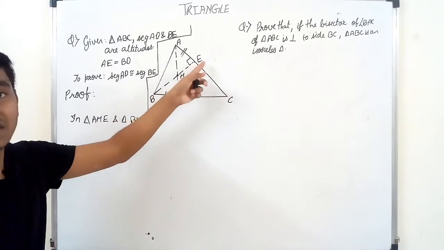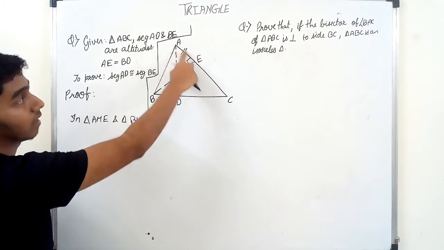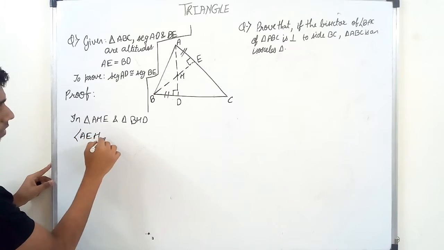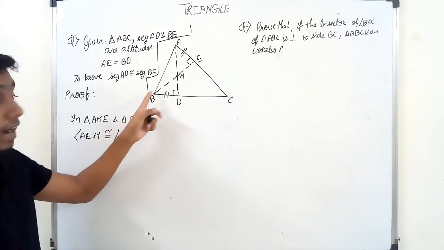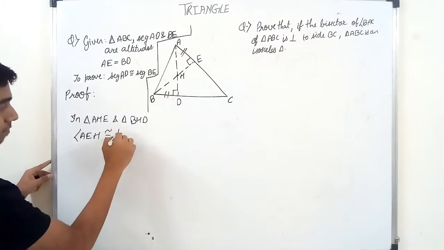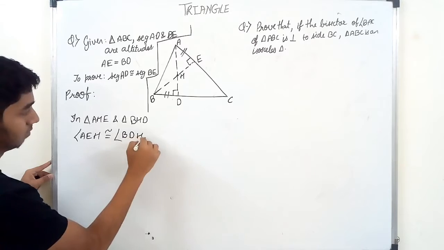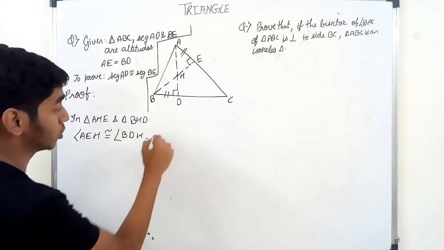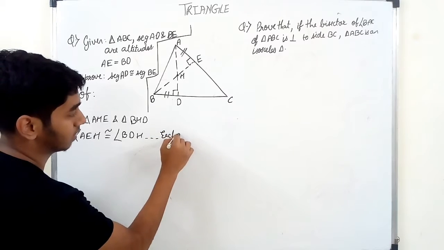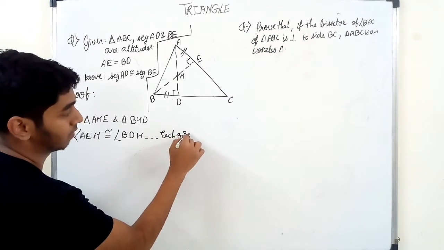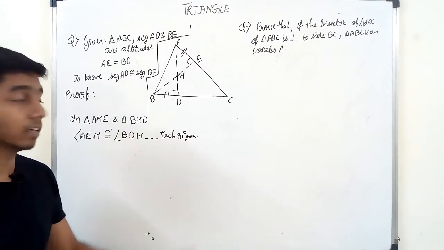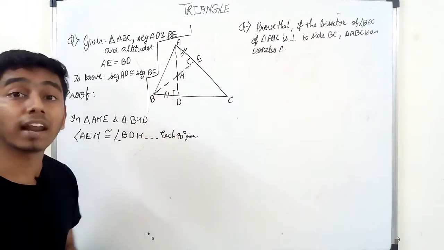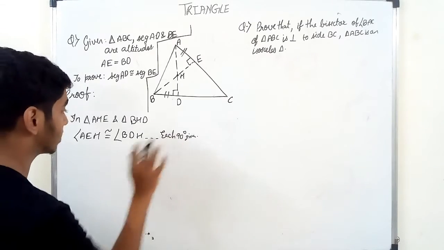Now in AHE, angle AEH and angle BDH, they are congruent. Why? Because both are 90°. So we'll say each 90° given, correct? Because both of them are altitudes. So if they are altitude, that means they both are 90°, correct? So it is given to us.